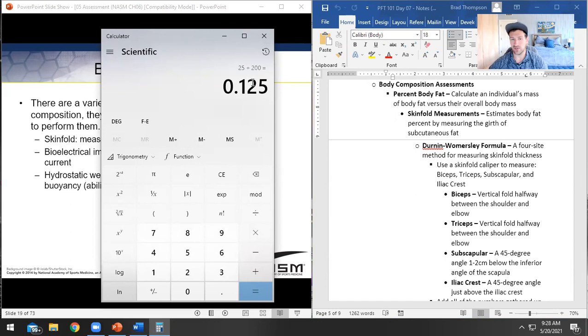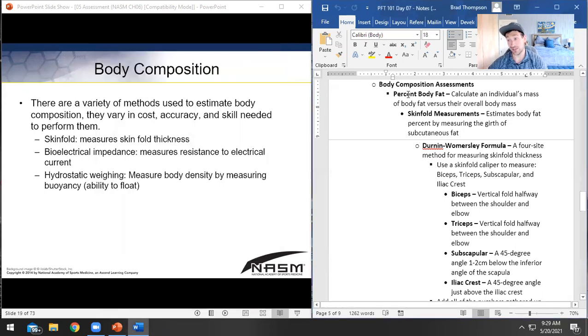So 25 pounds of fat is great. But if I weighed 200 pounds and I had, let's say, 50 pounds of fat on me, 50 divided by 200, that would mean that I would have a body fat percentage of about 25%, which is not so great, right? That kind of puts us into the health risk range.